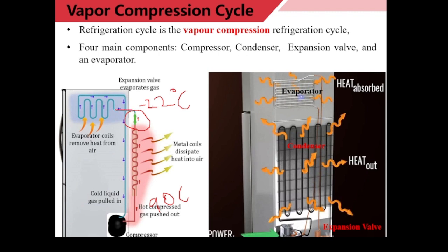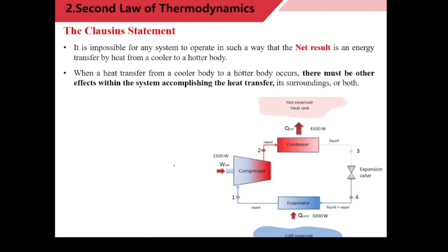Then this refrigerant absorbs heat from this cold chamber, the evaporator inside this box, and then again the cycle starts. So this is just an introduction to the vapor compression cycle.